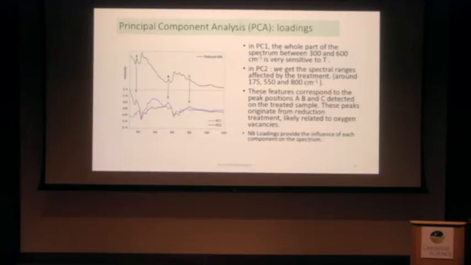If you look at PC2, PC2 is the effect of reduction. So these peaks in red correspond to the parts of the spectrum which are affected by the reduction. And you can see that these ranges nearly correspond to the new lines A, B, and C derived from the comparison between untreated and reduced samples.